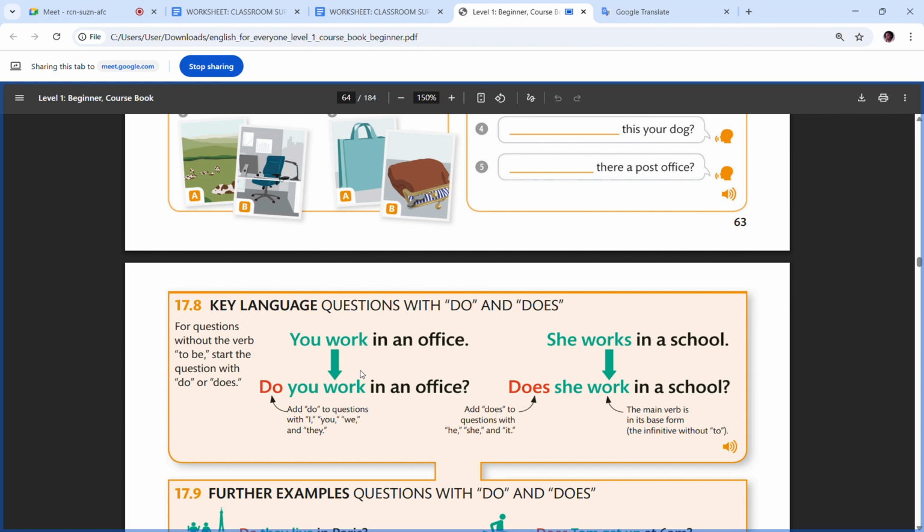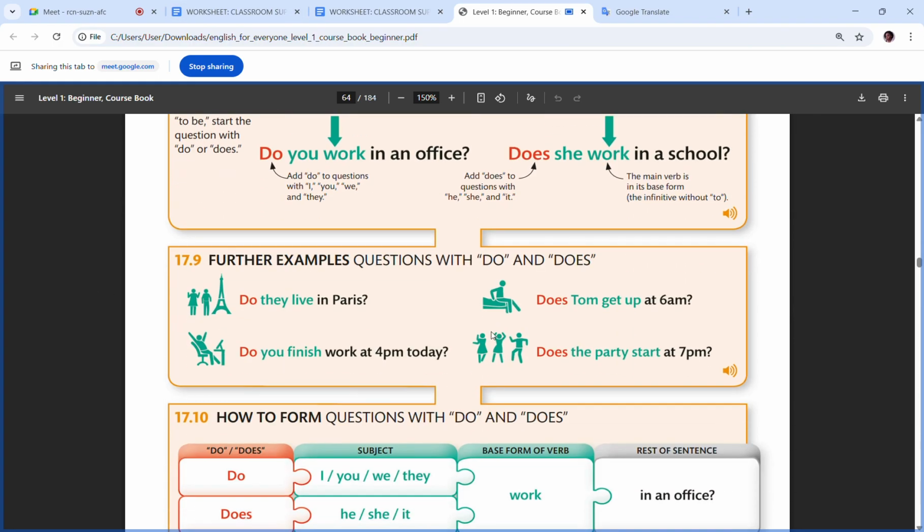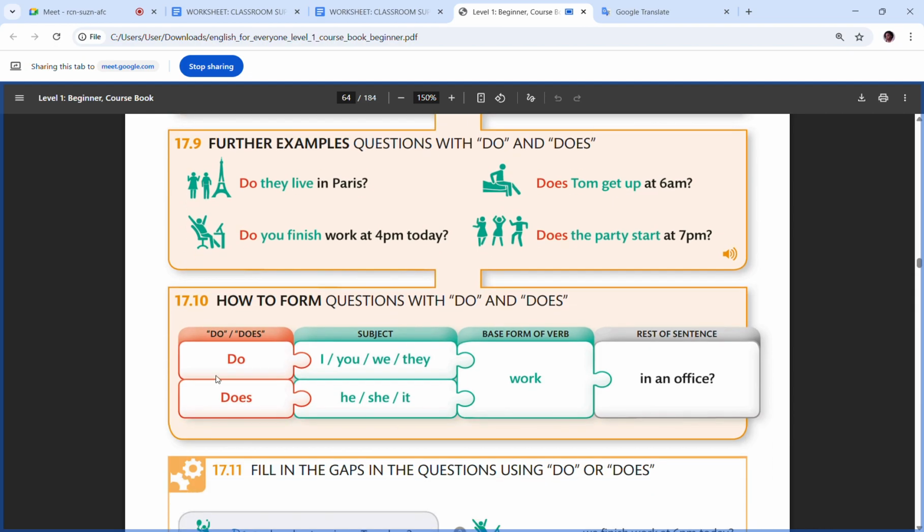Remember, do is the opposite of do not, okay? And does is the opposite of does not, okay? So you say, do I, you, we, they work in an office, right? Does he, she, it work in an office, right?